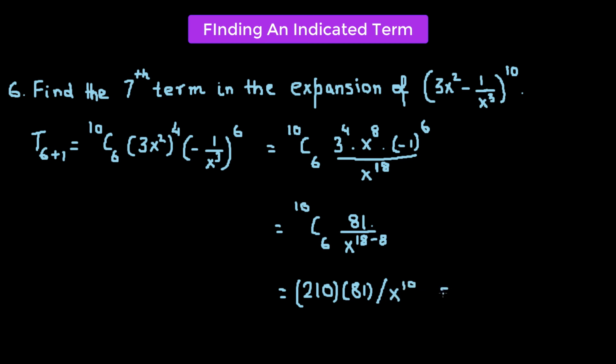So the final answer is 210 times 81, which is 17,010, divided by x raised to the power of 10. So this is the seventh term in the expansion of 3x squared minus 1 over x cubed, all raised to the power of 10.